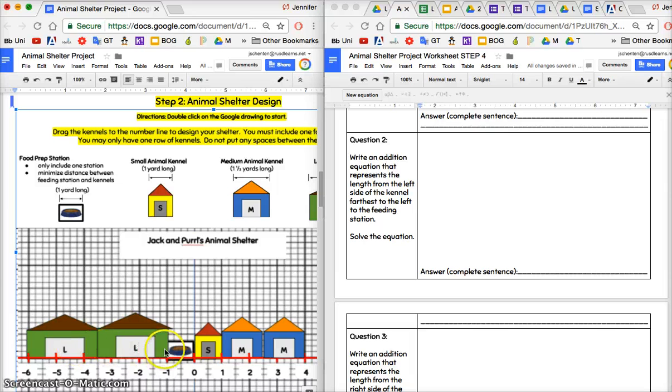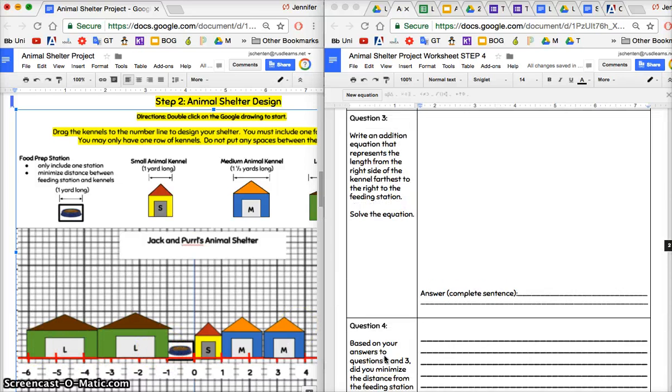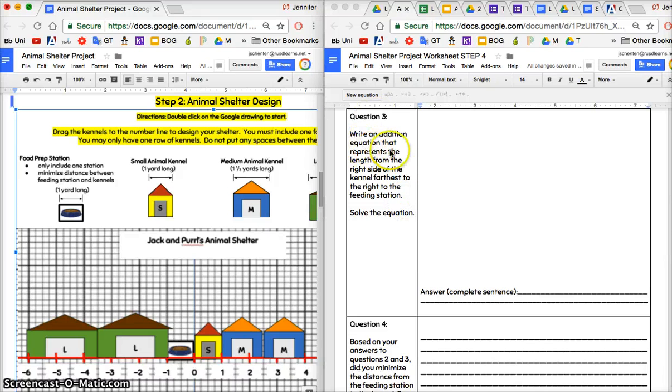So again, you're just going to do this distance here and then add it up. And question 3, write an addition equation that represents the length from the right side of the kennel farthest to the right, so over here, to the right side of the feeding station. And again, you write the equation, you'll have a number line here to model it, and then answer the questions.